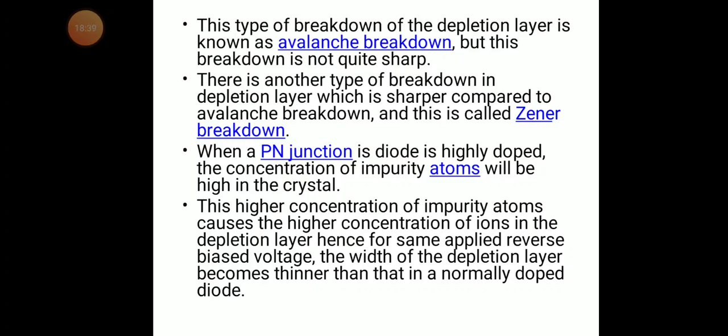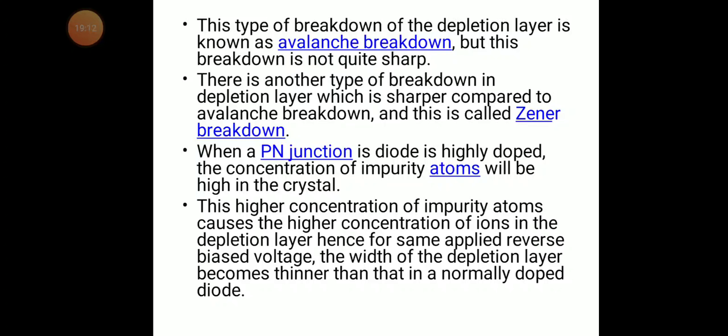Where do we get this type of Zener breakdown? If the PN junction diode is highly doped, the concentration of impurity atoms will be high in the crystal. What is the meaning of highly doped? We need to add more impurities to the intrinsic semiconductor. What is the meaning of intrinsic semiconductor? Intrinsic semiconductor means the pure form of the semiconductor.